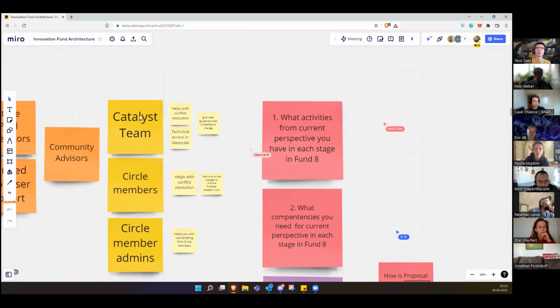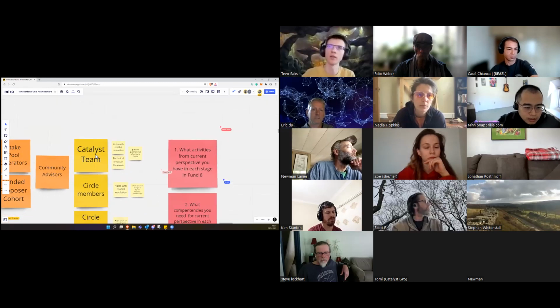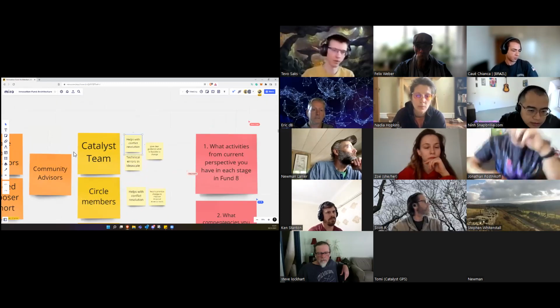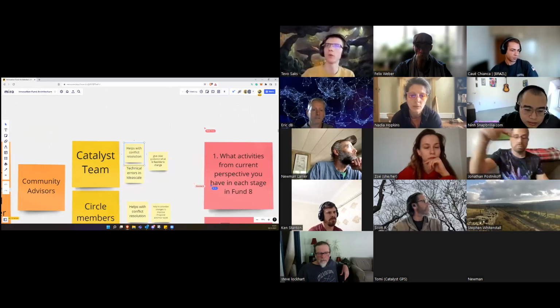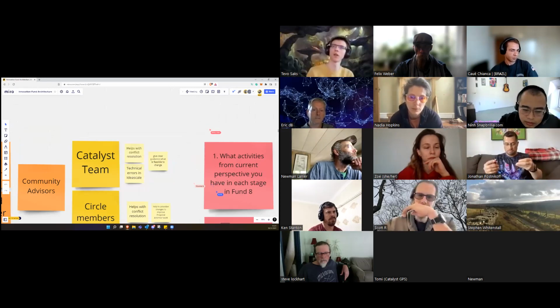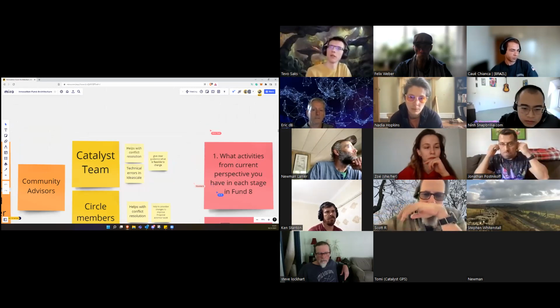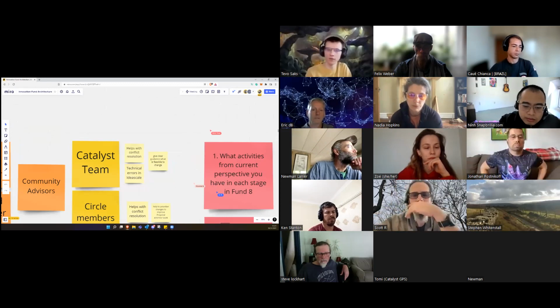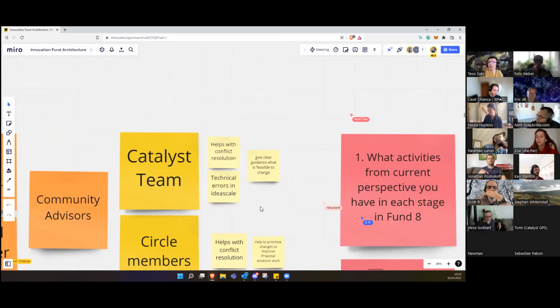So let's start with the top and repeat something we finished up with. How is a proposal assessor related to a Catalyst team? We came up with: helps with conflict resolution and technical errors in Idea Scale, if there is any bothering. And then the Catalyst team helps to give clear guidance on what is feasible to change, so in CARs and technical.